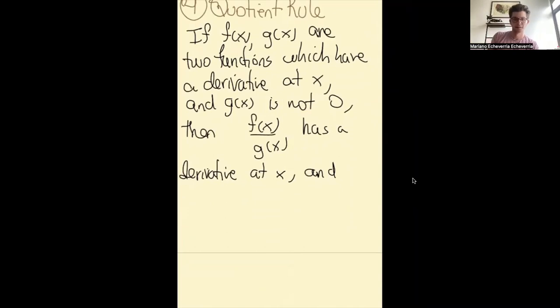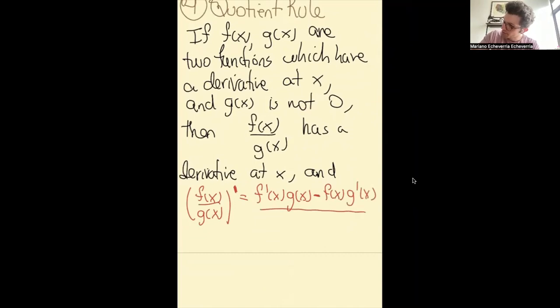Okay, what's the derivative of the ratio or the quotient? Let me write it down and then we'll think about why it should be true. So the derivative of the ratio is the derivative of the numerator times the denominator minus the numerator times the derivative of the denominator, divided by the denominator squared.